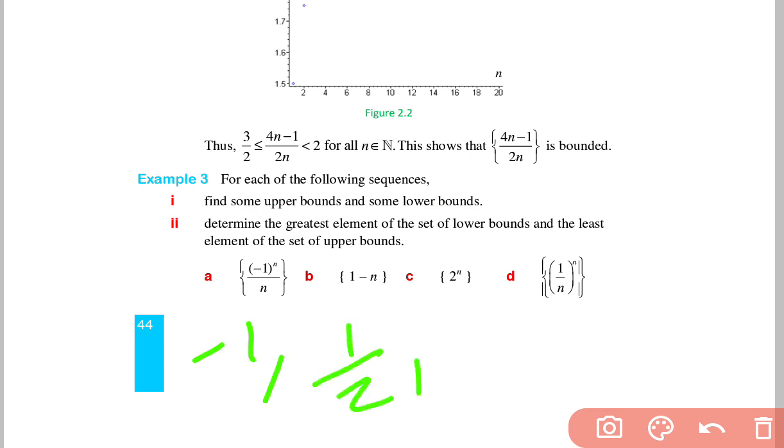Plug in 3: -1 over 3, and so on. If n is odd, the term is negative; if n is even, it is positive. The terms go toward 0.